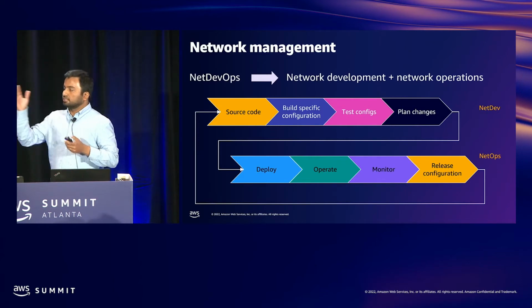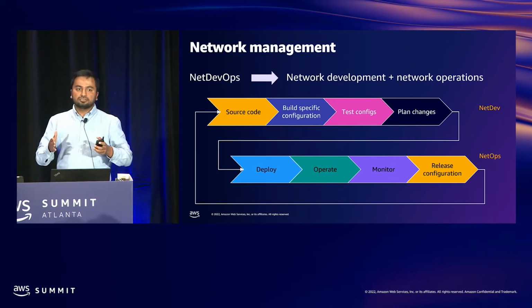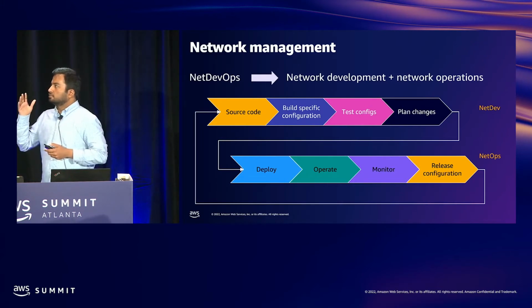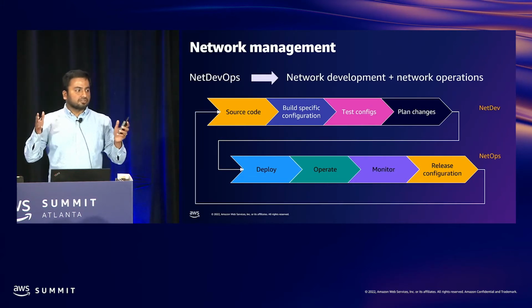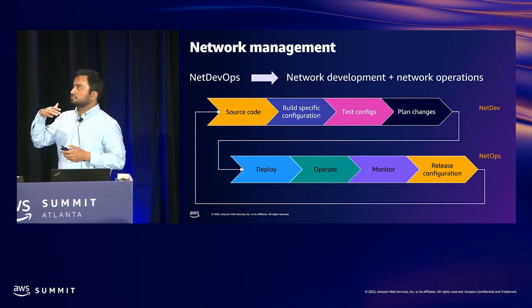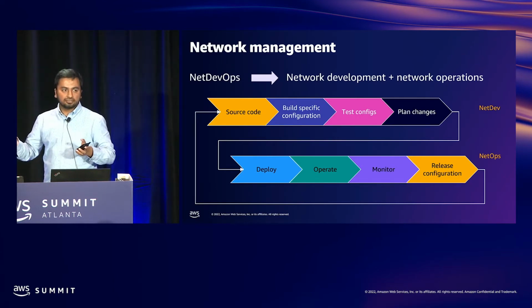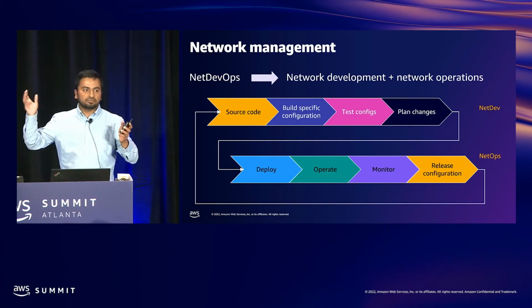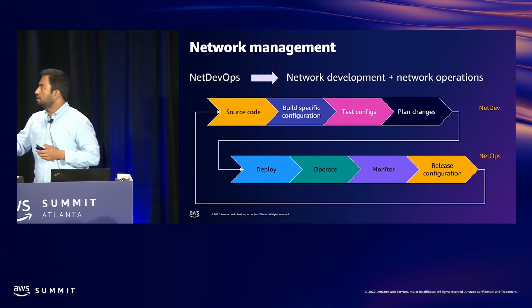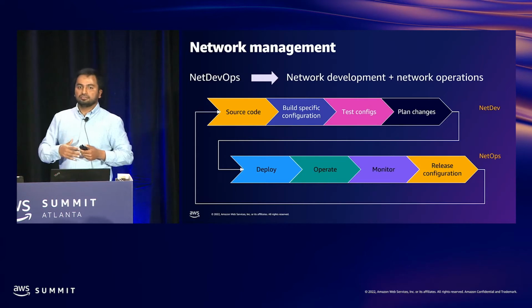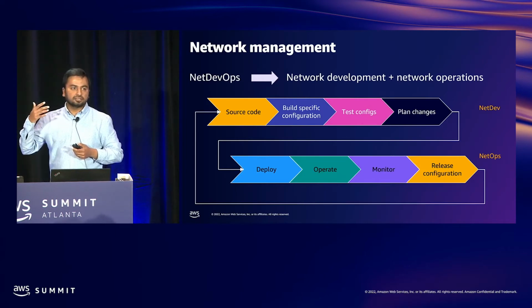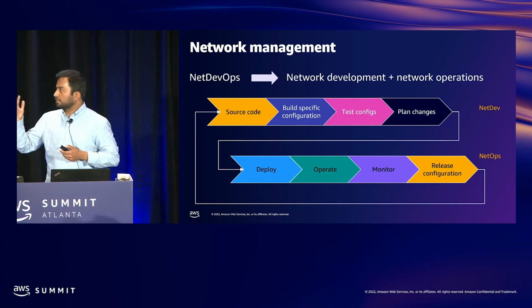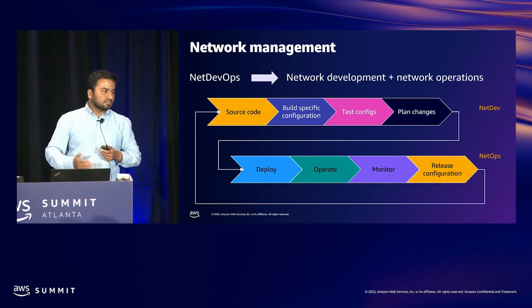You build the source code for a specific configuration that you want to achieve, you test against that configuration, and you then plan for releasing it in the environment. This incorporates the best principles of network development. Then you follow the practices of network operations: deploy, operate, monitor, and release subsequent configurations.